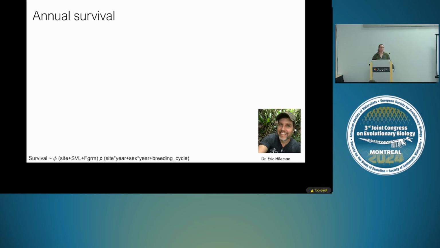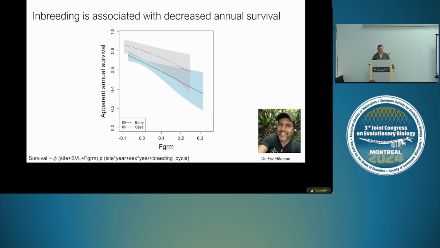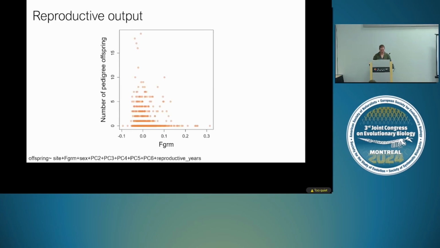Our most supported model did include an effect of inbreeding on survival, and this effect was honestly shocking to us. So more inbred snakes have reduced apparent annual survival. So if you're a more inbred snake, you're more likely to not be in the population the following year.